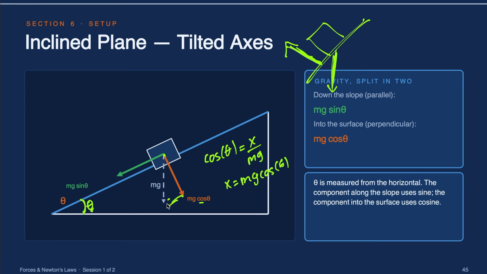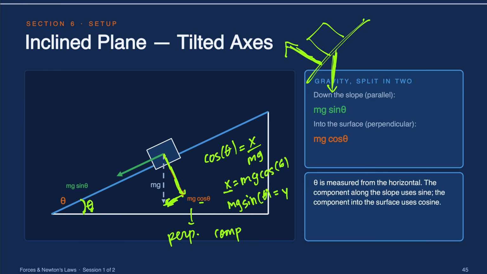So mg times cosine theta would be this vector, and mg times sine theta would be this thing over here, this parallel component. So we have names for these, okay? We don't just call them x and y. This mg cosine theta is the perpendicular component. Why is that?